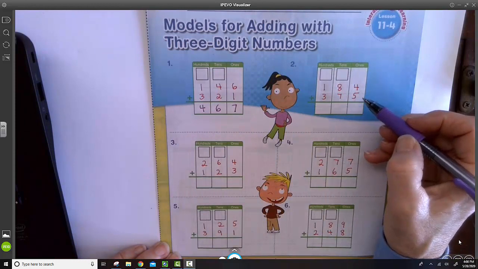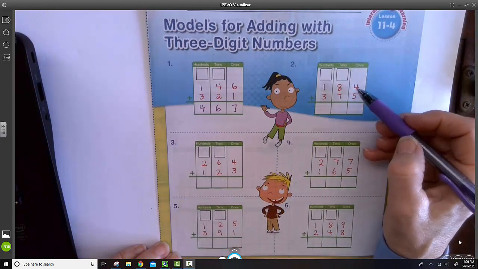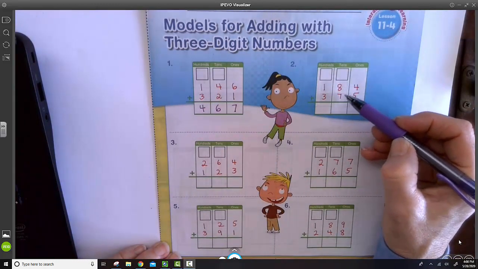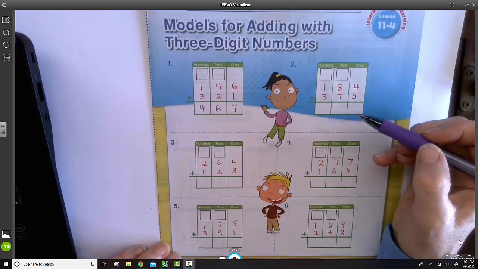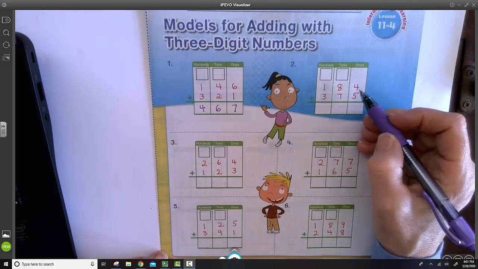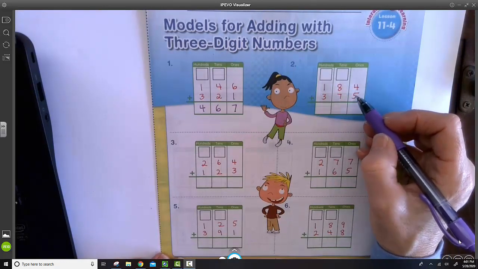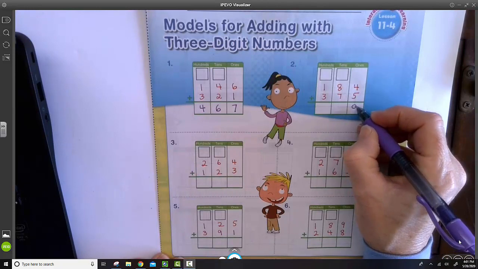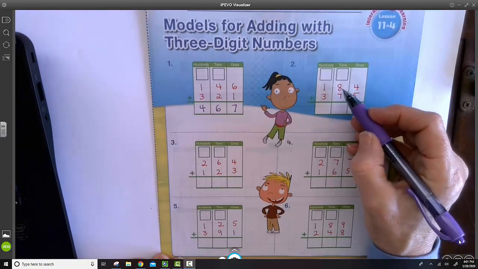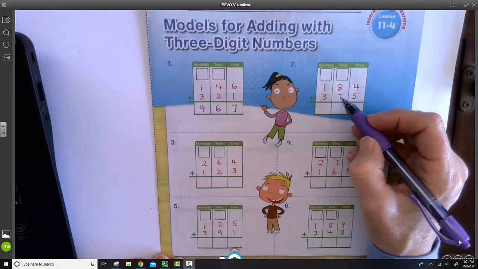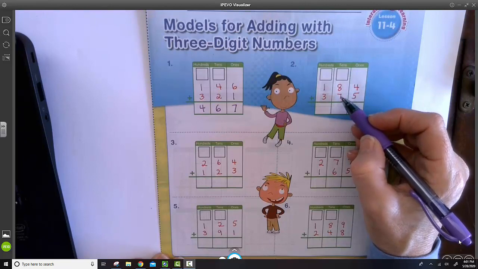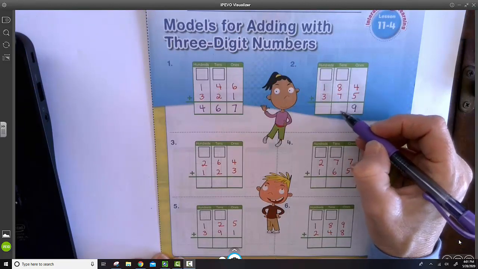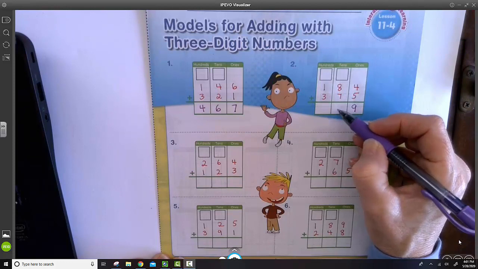Let's move to our next example. Right away, I see that I will have regrouping with this problem, but we will worry about that when we get there. First, let's take care of our ones. 4 plus 5 is 9. Now we have 8 tens plus 7 tens, or the values are 80 and 70. So 8 tens plus 7 tens would be 15 tens. Of course, we can't write that in our tens column.